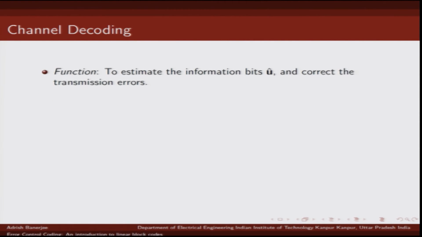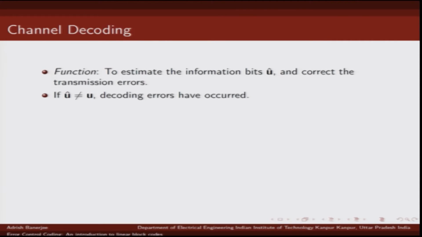So, after demodulation we have channel decoding. As I said, the channel decoder's objective is to estimate the transmitted information sequence from the received coded sequence, and also to correct any errors caused by transmission. When do we say an error has occurred?